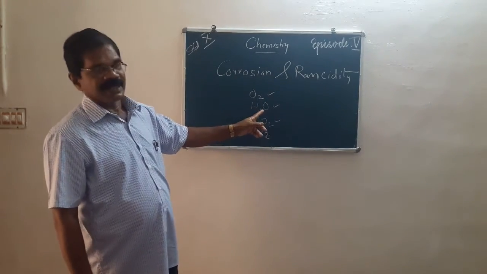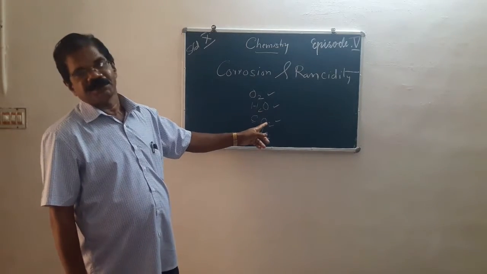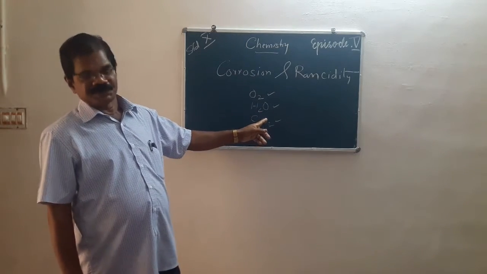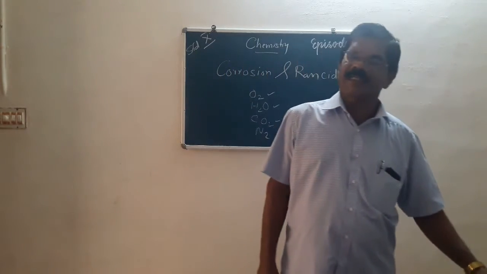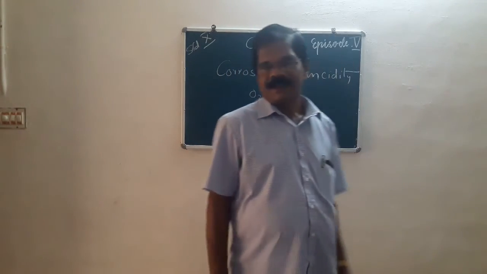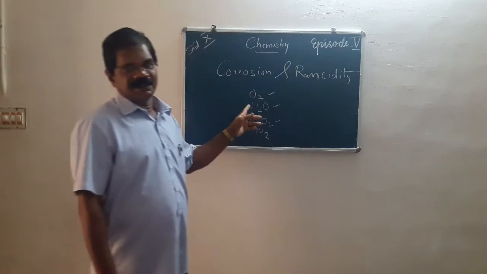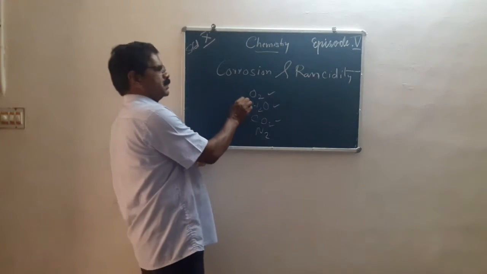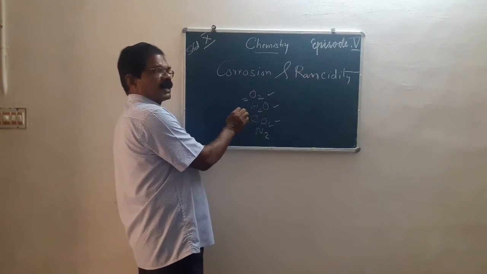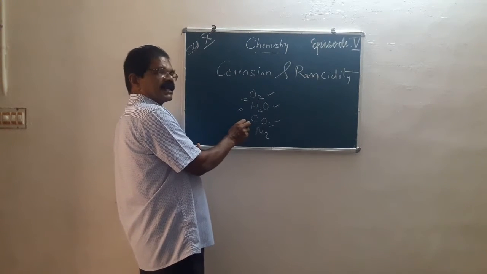Oxygen, water vapor and carbon dioxide are found everywhere in the atmosphere. When we place a thin clear sheet of iron in the air, first it reacts with the oxygen, then it reacts with the water vapor, and finally it reacts with the carbon dioxide.